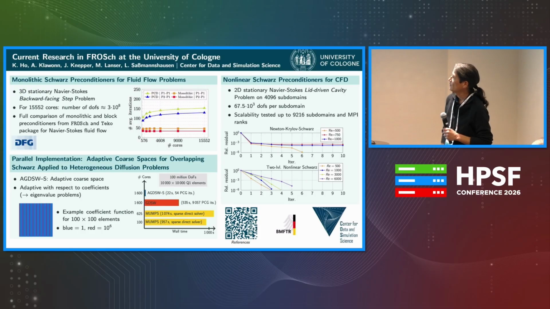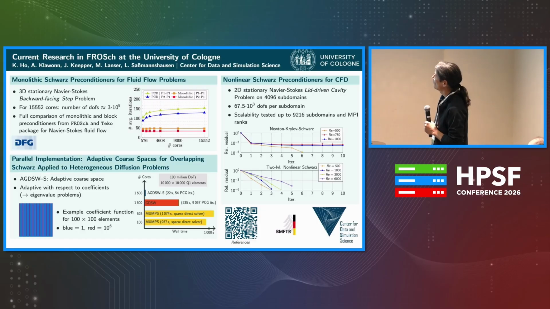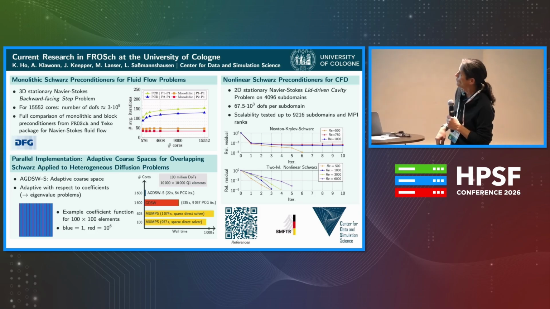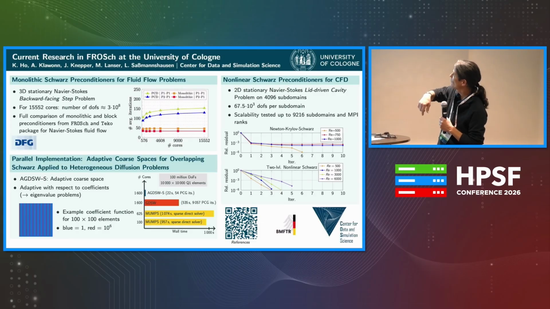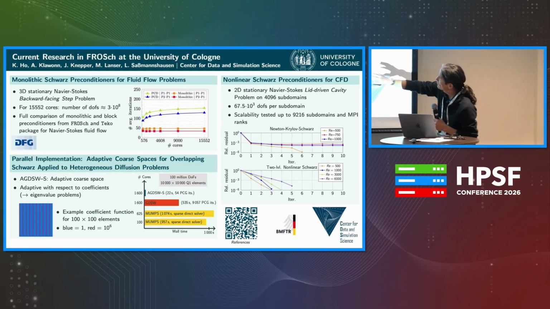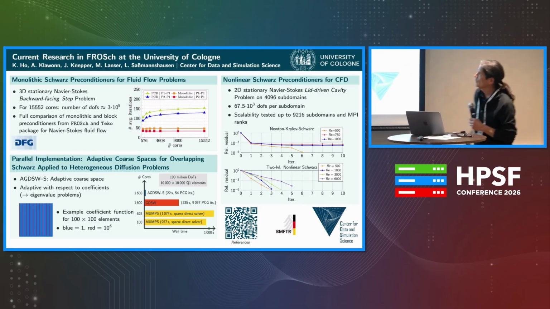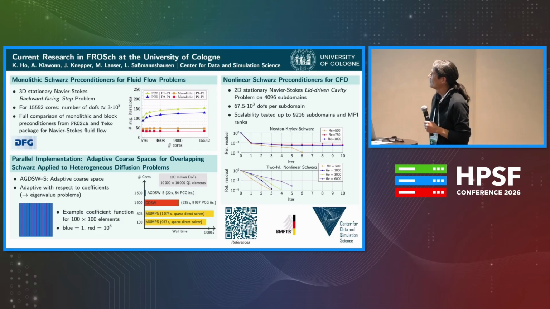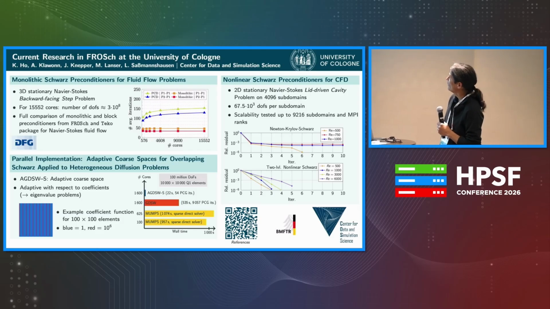The takeaways here are that, compared to some of the classic approaches like the pressure convection diffusion solver for the backward-facing flow, their monolithic approach inside of FROSch is very, very scalable in terms of number of iterations.